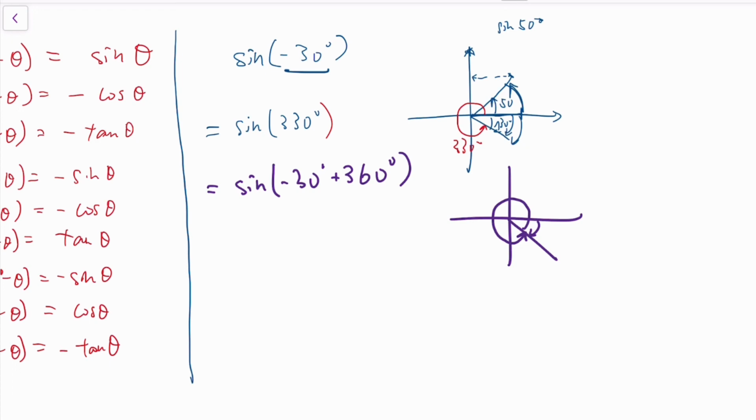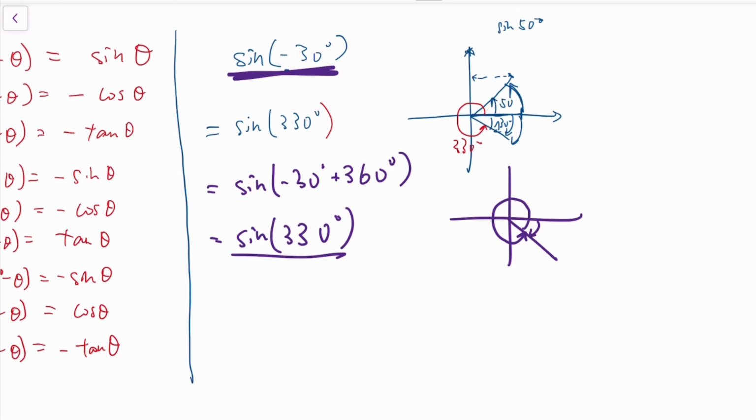If you have a full turn, then obviously you would go back to the same location, and hence mathematically it's obvious that negative 30 plus 360 is 330. So it has to be true that sine negative 30 is the same as sine 330.